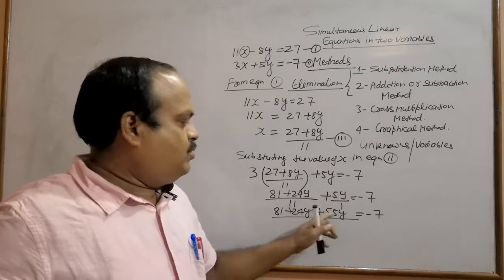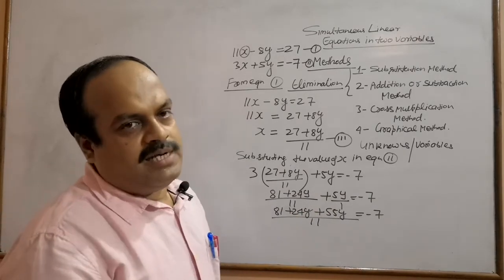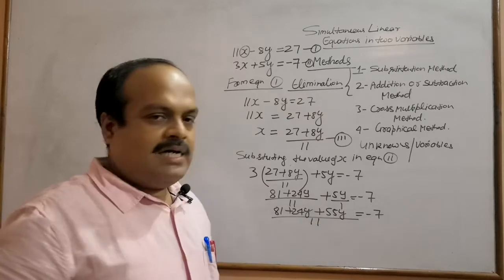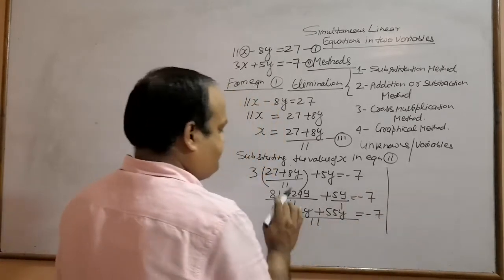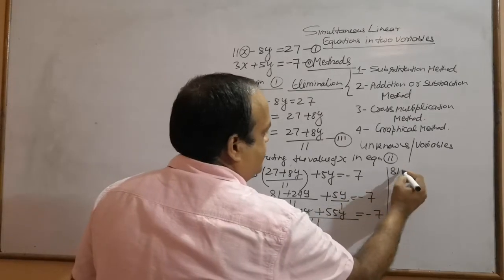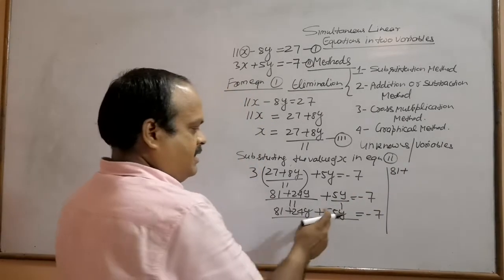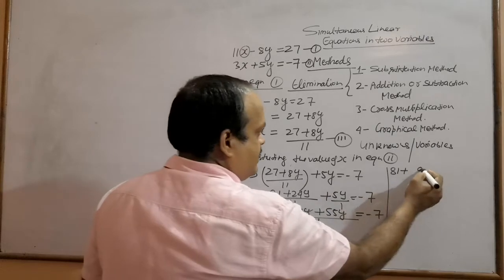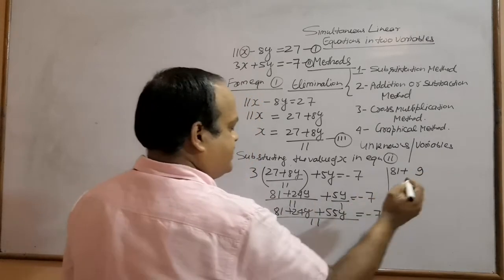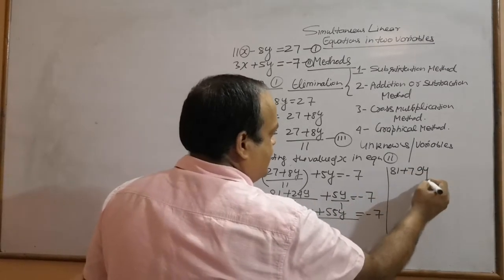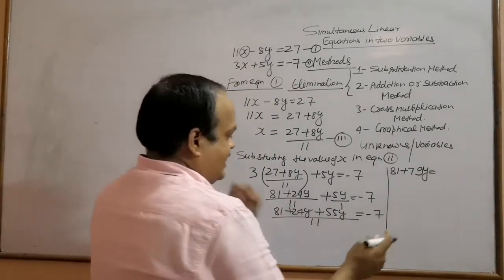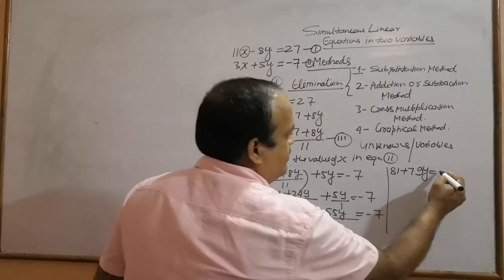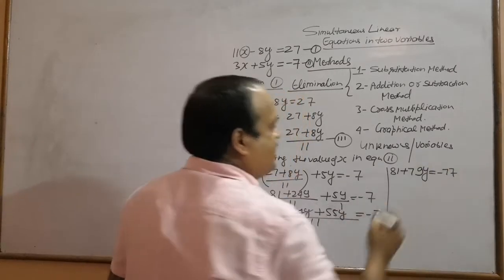So these two like terms with the same sign we will add and write the result: 81 plus 79y equals, doing the cross multiplication, 11 into minus 7, minus 77.